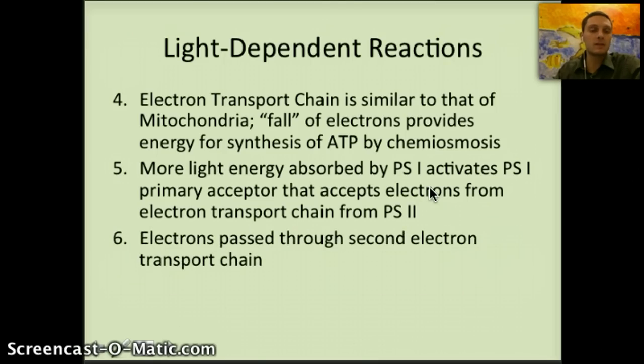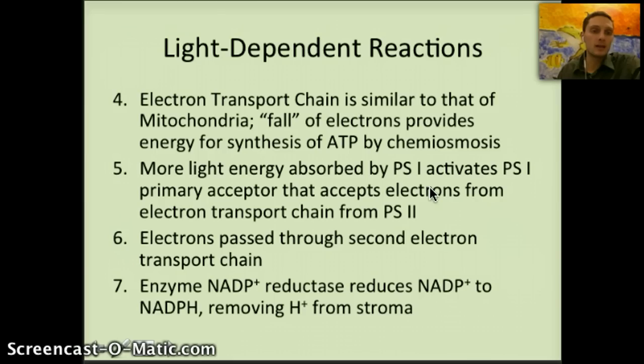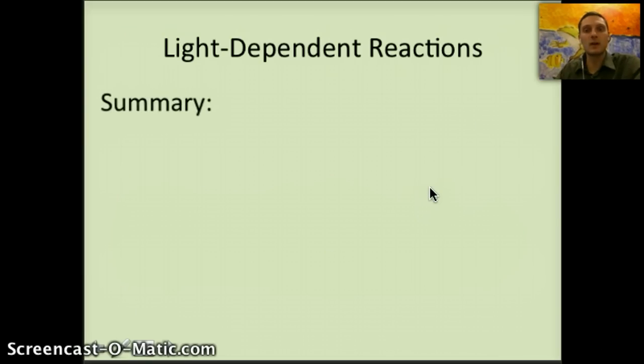They're passed through the second electron transport chain, and then we get the enzyme NADP+ reductase, which reduces NADP+ to NADPH, and it removes the hydrogen ions from the stroma. So to kind of summarize all of this and what we're seeing happening, light energy is used to excite electrons.